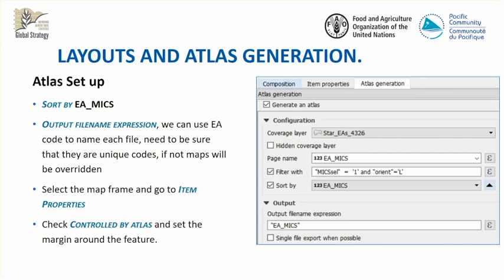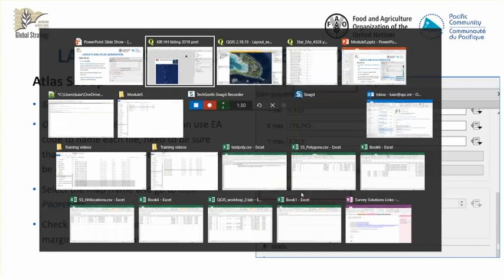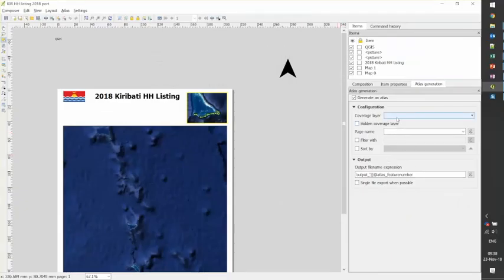Okay, and the last step. We have to select, so I'm going to do this: South Tarawa. Page name is going to be EA Mix. I'm going to filter.